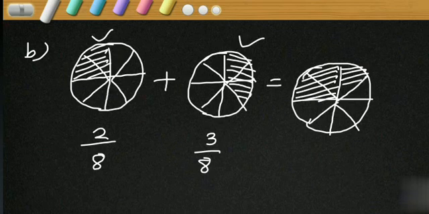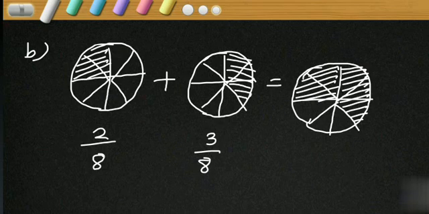So corresponding to the second figure, we have shaded the 3 parts here, and we obtained the figure corresponding to the answer like this. This is the answer obtained by adding these two figures.